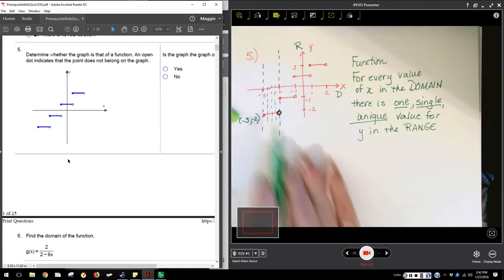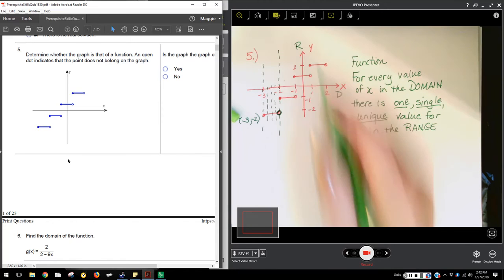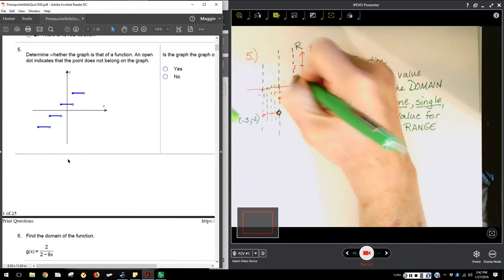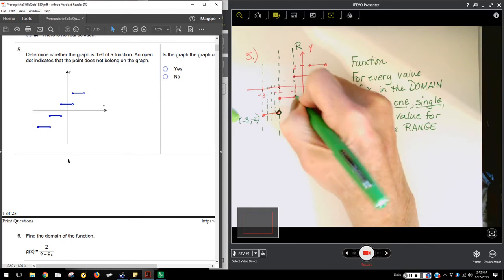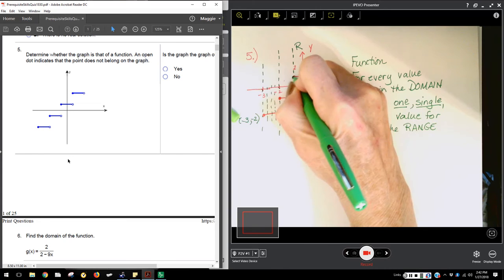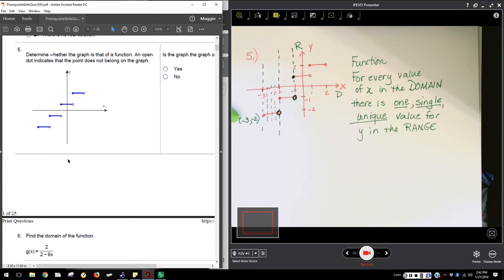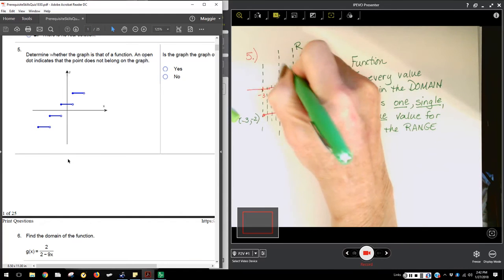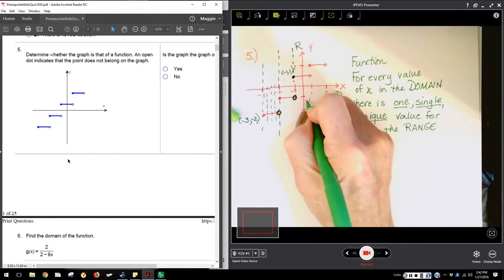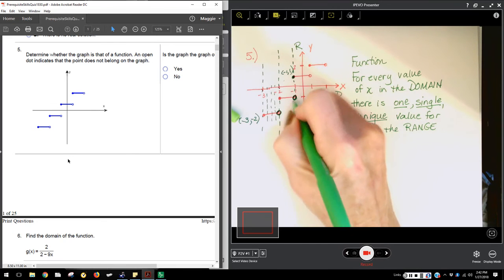And the only suspect places on this graph are going to be where the graph changes behavior. For example, here at -1. But again, here at -1, we have a solid dot indicating the value at -1 is actually 1, not -1, because that's where the hole is.